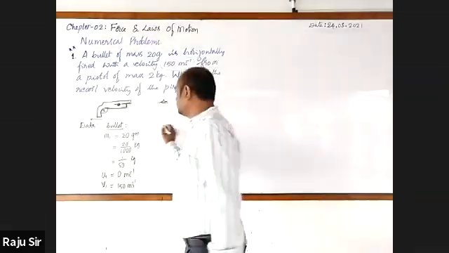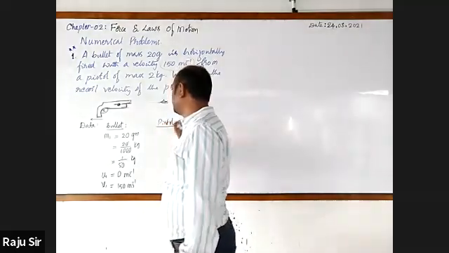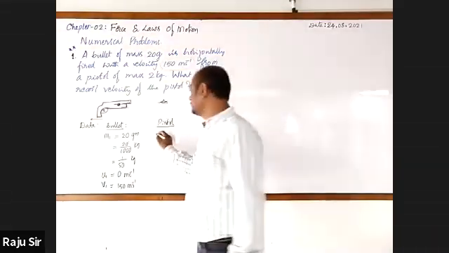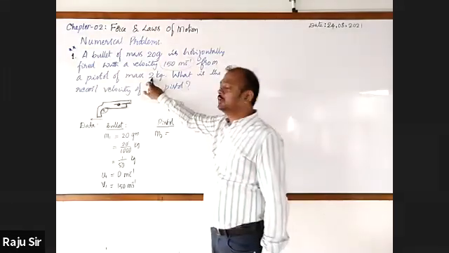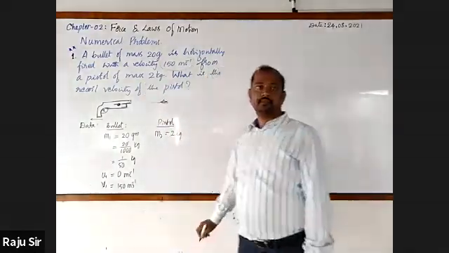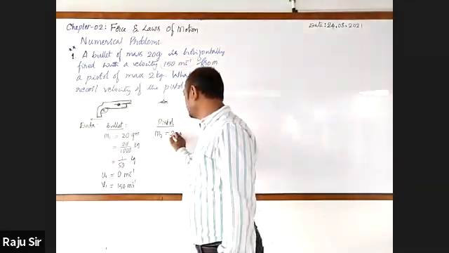Next, it is the pistol. Let me take the mass of the pistol as M2. Do you know the mass of the pistol? 2 kg. This is already in SI unit, so it comes like that.